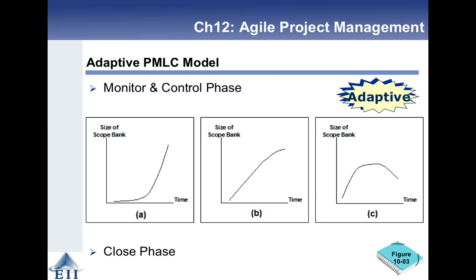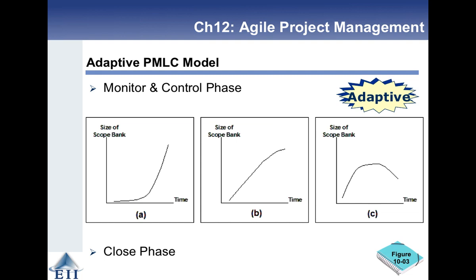Right, here's how things might work in monitoring and controlling. As you move along, the scope may increase, but you need to, at some point, hit a point where you can start reducing the size of the scope bank, if that's what the customer wants.